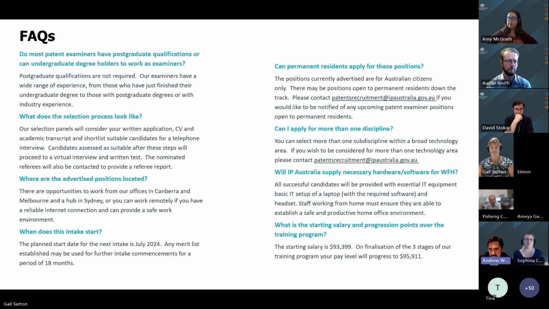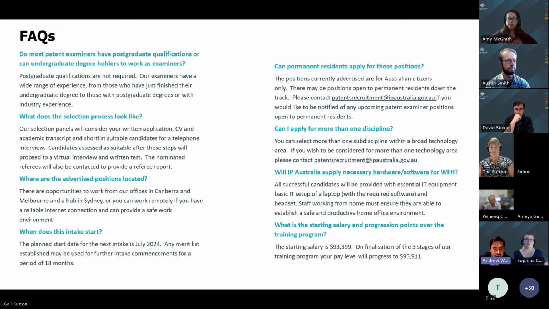We're recruiting at the moment across most technology areas, and broadly within IP Australia, we refer to chemical, electrical, and mechanical as three categories, but really that's to cover all technologies that are out there. We're looking for scientists and engineers with qualification and experience in specific technical fields that are outlined in that kit I mentioned.